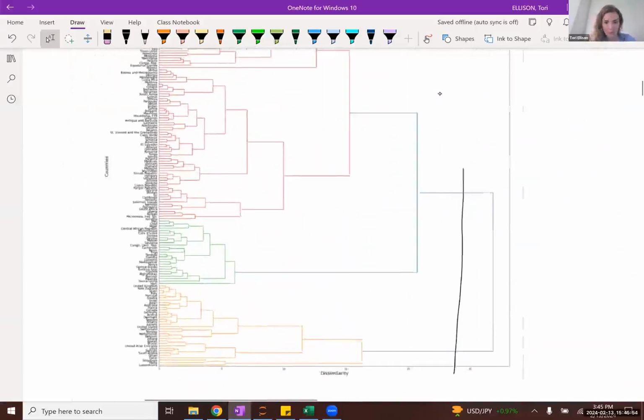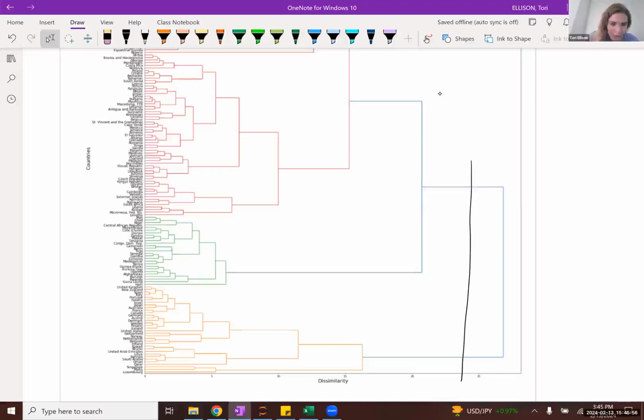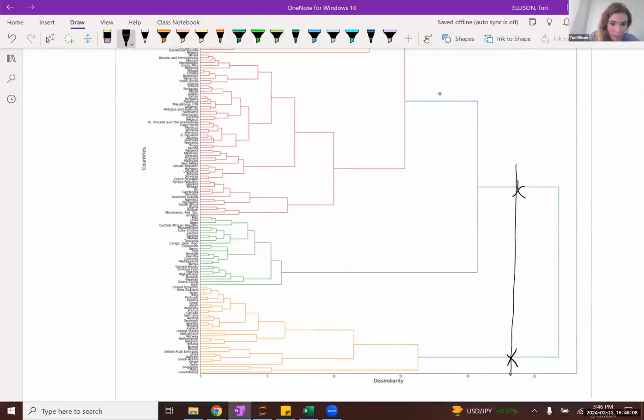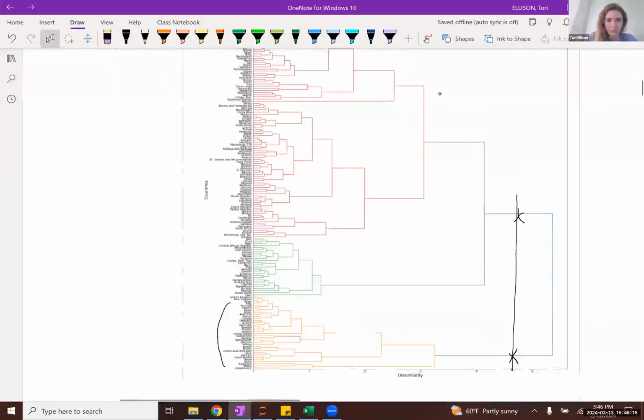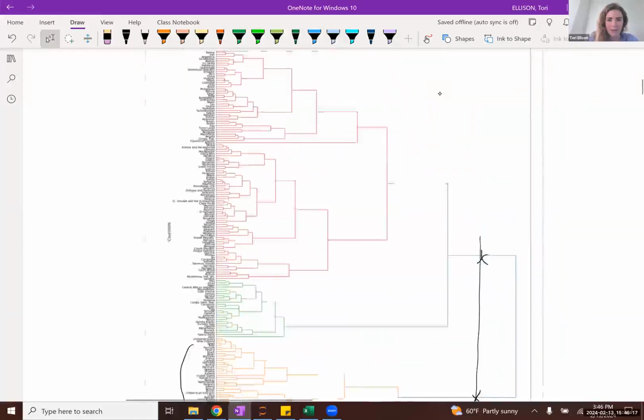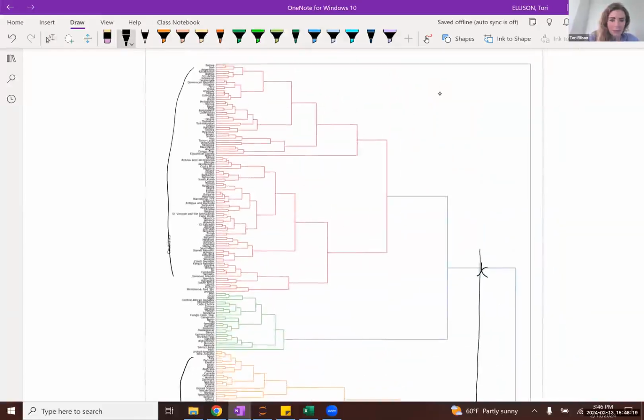So for instance, what this dendrogram is showing us is that the final two clusters of countries created in this data set, basically the final two clusters to be merged in this particular algorithm, are the one that contains these countries here and these countries here.